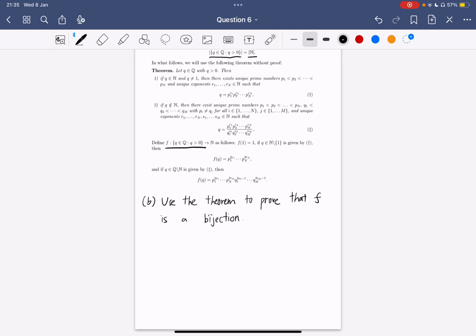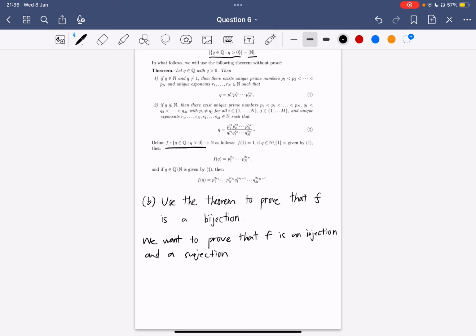We want to prove that f is an injection and a surjection.